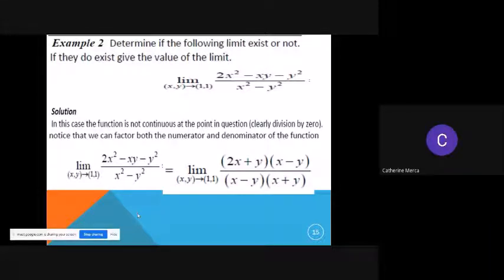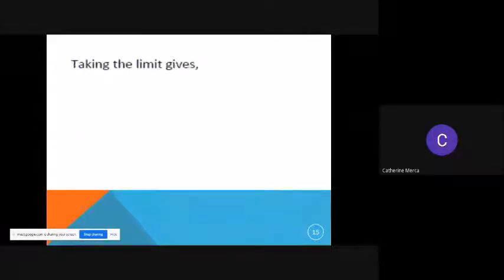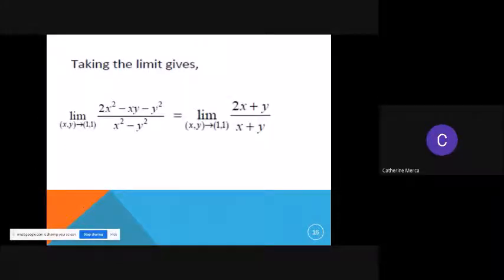Because of that, you now have the limit of (2x + y)/(x + y). So what would be the value from there? You can substitute the value, like what we did before in one variable. So you can now take a look at the values, which will give you 3 over 2.